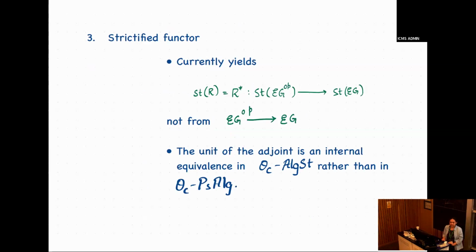The theorem in Guillou, Merling, and Osorno's paper, even though that is in the operadic version, not the colored operadic version, says that if the 2-categories that we are dealing with are already strict 2-categories, not bicategories, then for the internal equivalence the unit is actually a morphism in the strict algebra category, not a pseudo algebra category. So that is our hope to resolve this issue.